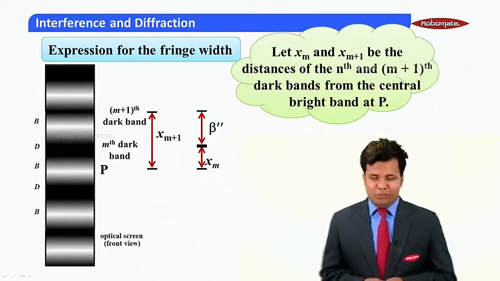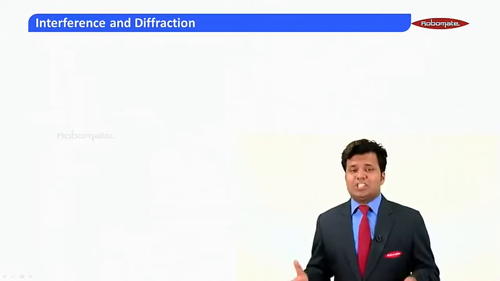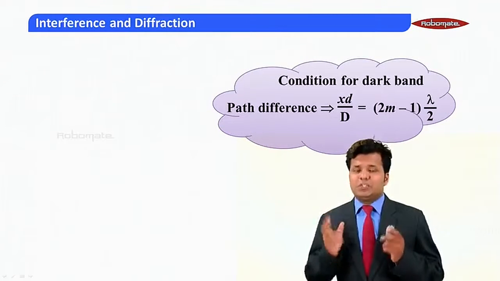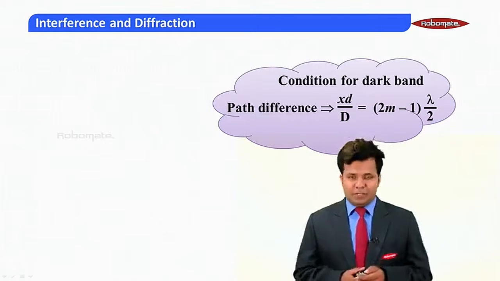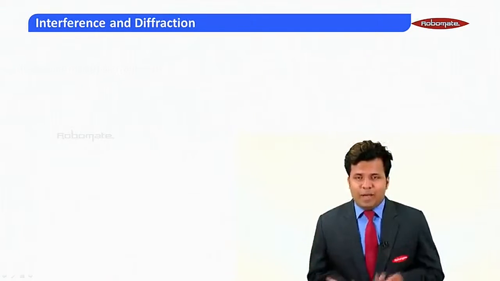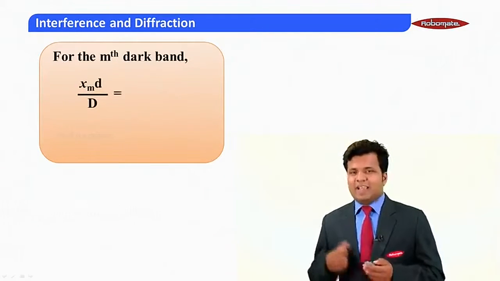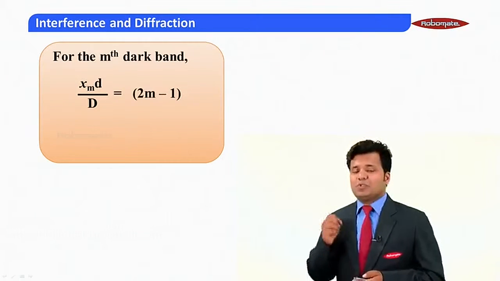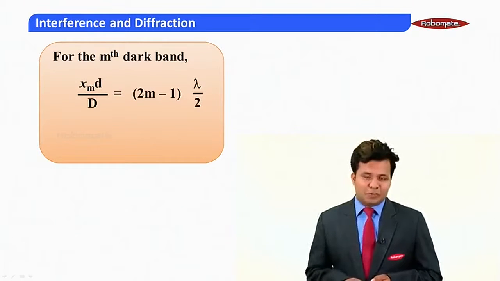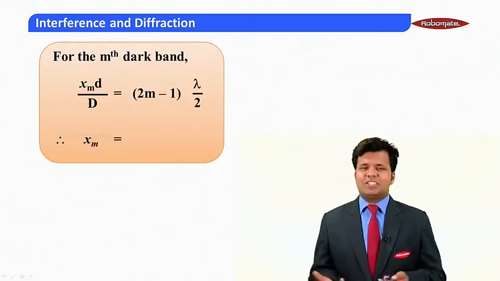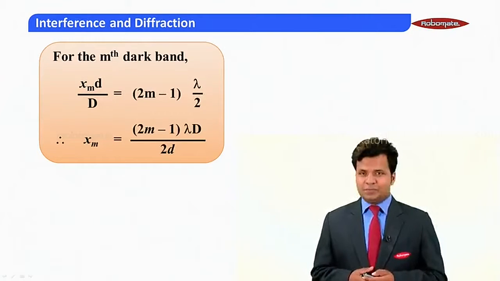How would we obtain beta double dash? The same format we would follow, but this time the condition would be for darkness. The path difference is equal to 2m minus 1 lambda by 2, and the path difference for the mth dark band would be the same thing. xm d by D is nothing but 2m minus 1 lambda by 2. Students, what would xm equal? Just rearranging the terms, I'm going to get this value.